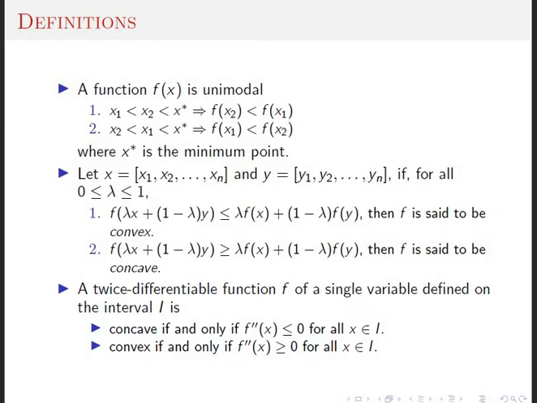If f of lambda x plus 1 minus lambda y is less than or equal to lambda f of x plus 1 minus lambda f of y, then f is said to be convex. If f of lambda x plus 1 minus lambda y is greater than lambda f of x plus 1 minus lambda f of y, then f is said to be concave.